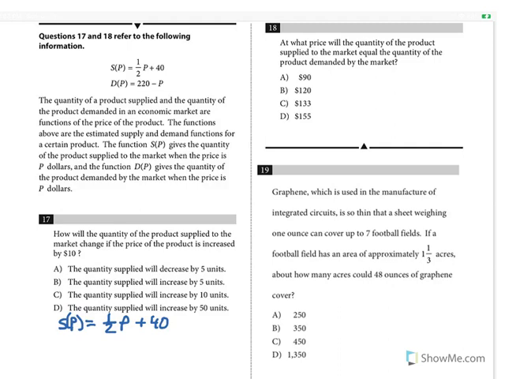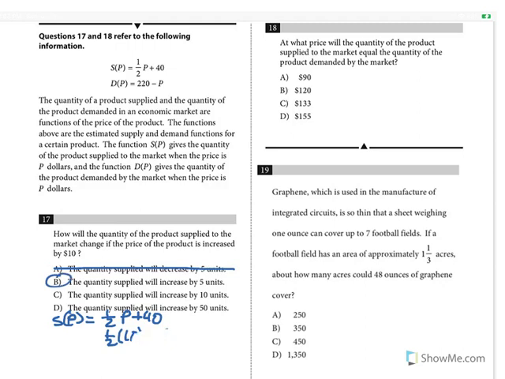So if we increase the price by $10, because we have a positive slope, an increase in price is going to increase the supply. So we can rule that out. Now, logically thinking, if we increase our price by $10, then the increase in supply is going to be 1/2 times 10, which equals 5.